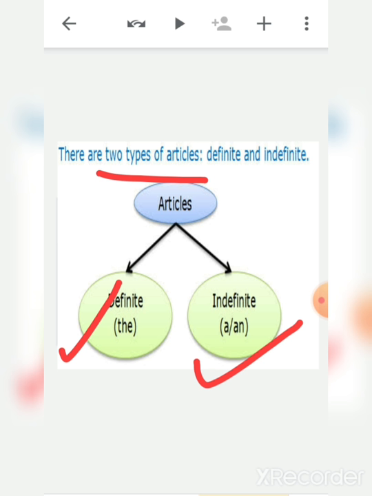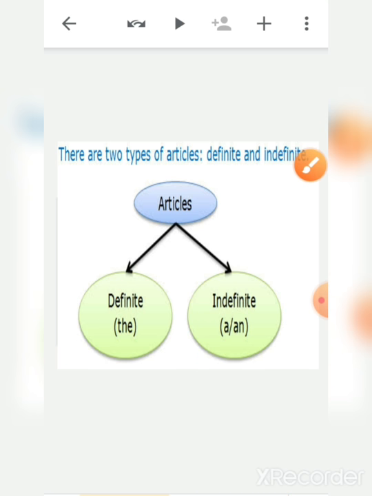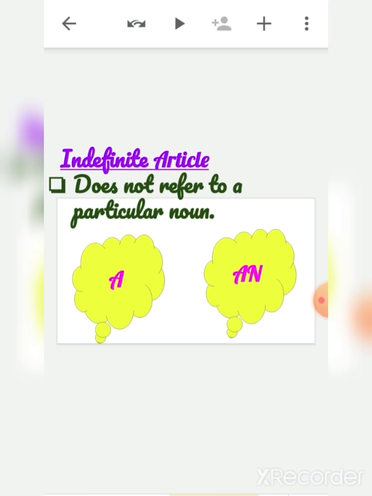Today we are going to discuss only the indefinite article. The indefinite article is a and an.